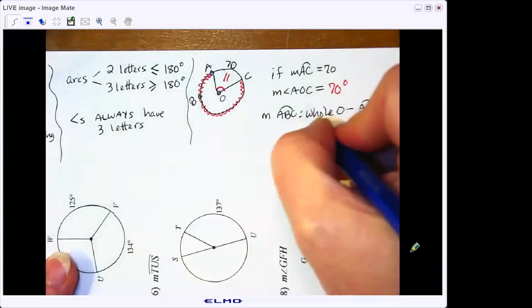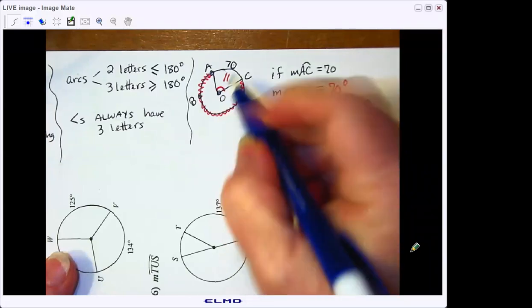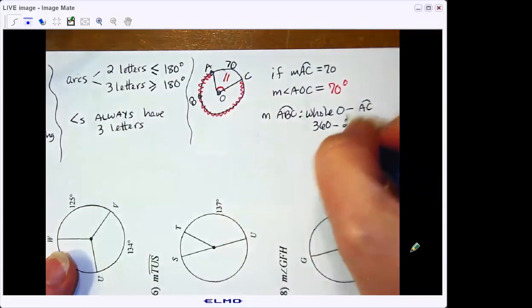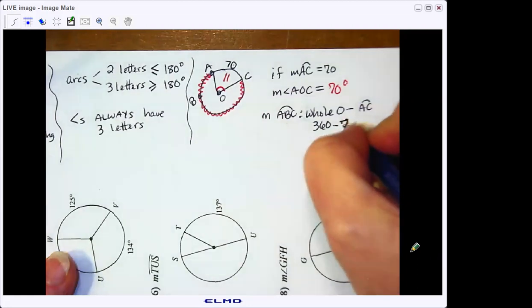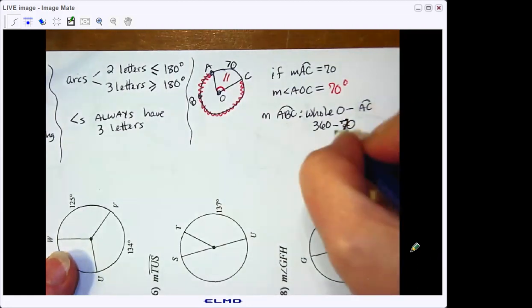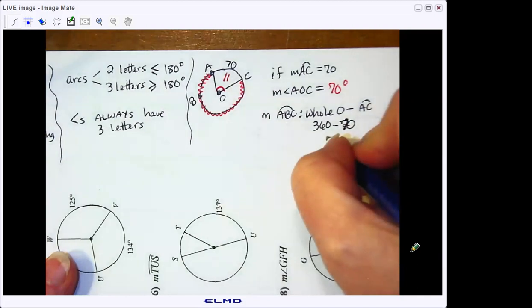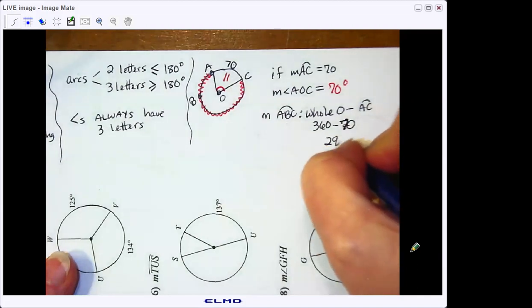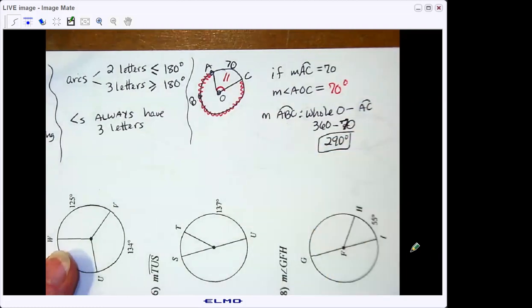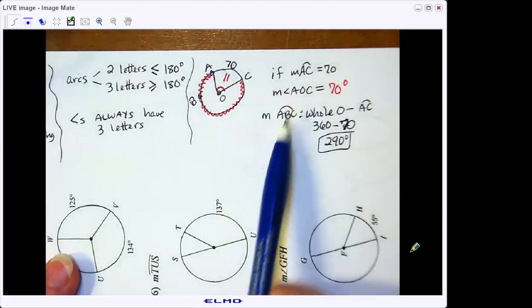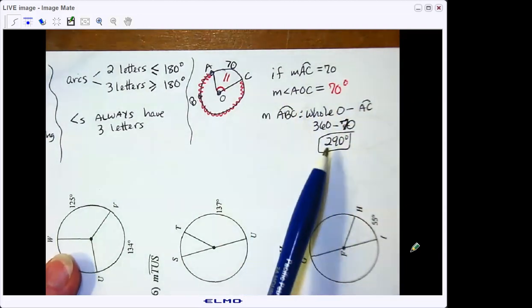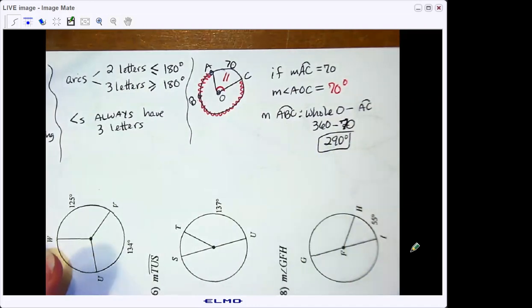Remember, the whole circle is 360 minus the arc that's there of 70. Okay. And that's going to give me 290. And you're done. Okay. Questions on that? Okay. And that should match because our arc ABC needed to be bigger than 180. And that's true.